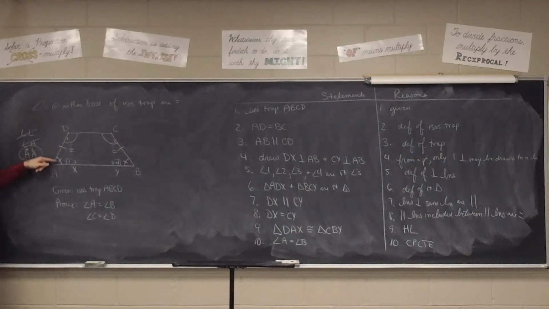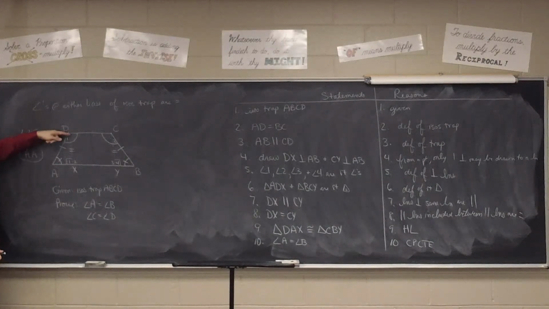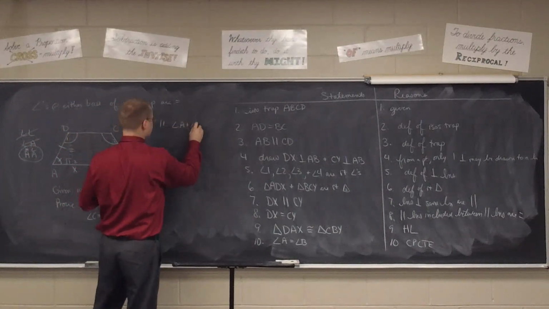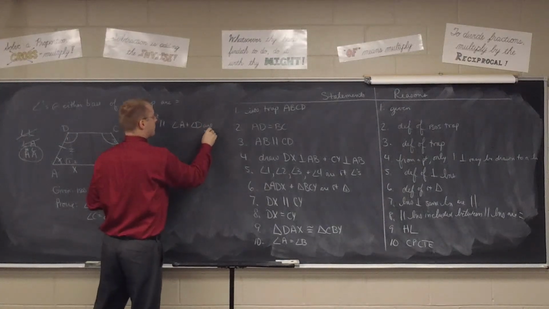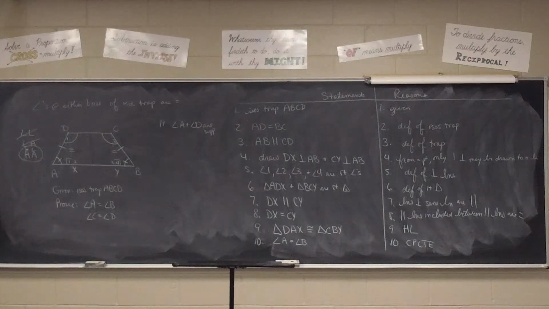The two interior angles on the same side of a transversal of parallel lines will add up to a straight angle, or in other words, they are supplementary, correct? So I know number 11 that angle A and angle D are supplementary because the two interior angles on the same side of a transversal when parallel lines are cut by the transversal are supplementary.